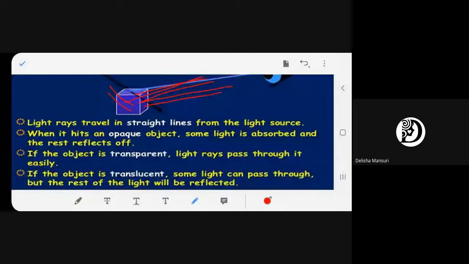Opaque: absorption comes. Some light is absorbed, the rest reflected. You got the difference? Transparent, all light passes through. Translucent, some passes through, the rest is reflected. Opaque, some absorbed, the rest reflected. That is the difference.